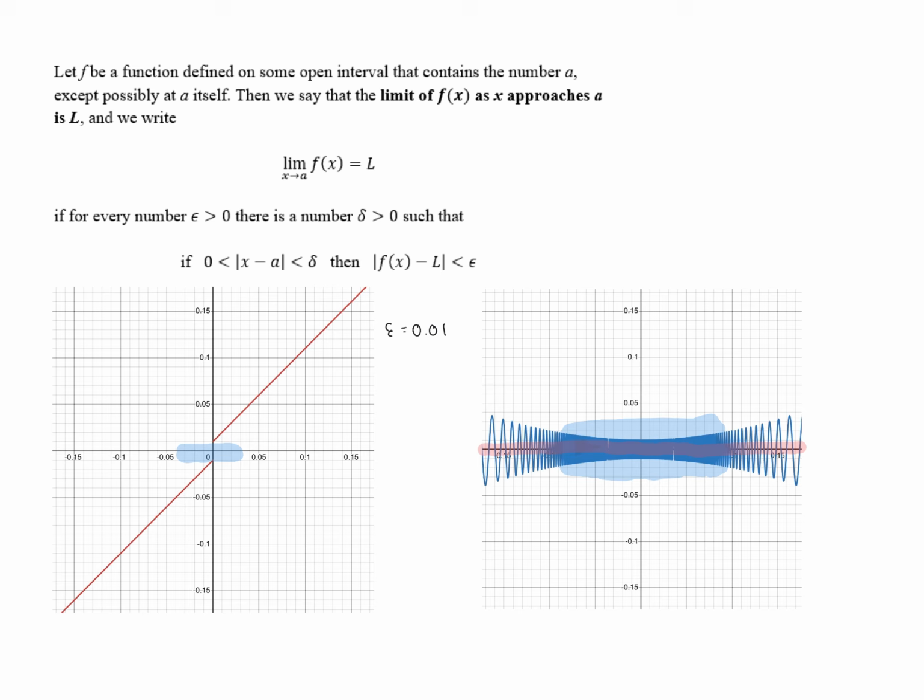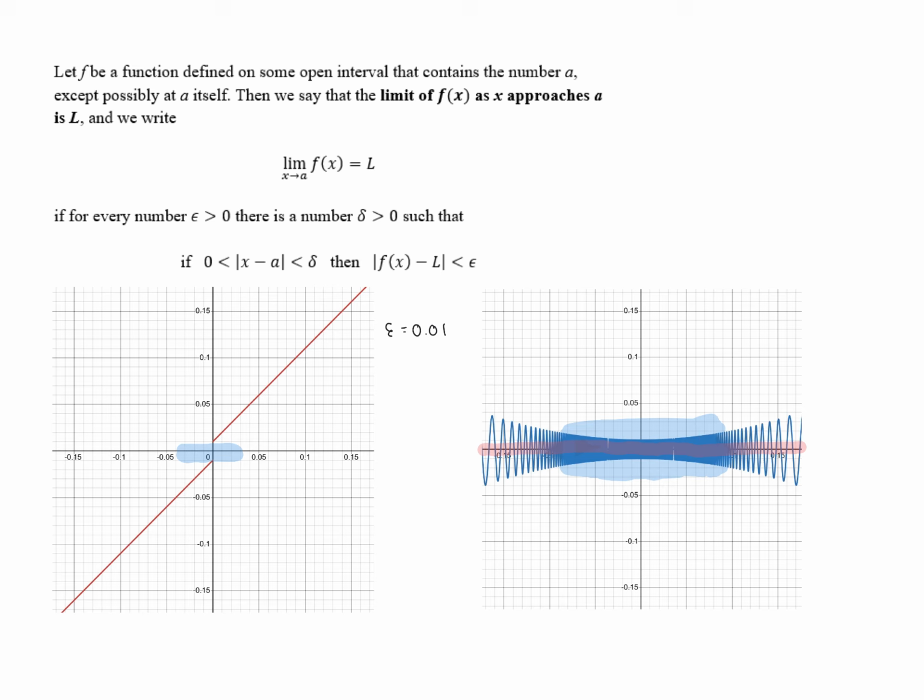It never stays within this smaller range. It stays within this larger range, with a larger value of epsilon. It's going to stay in between. But there gets to be a point where if we make the epsilon too small, our y values never stay within it because they continually oscillate too high and too low.